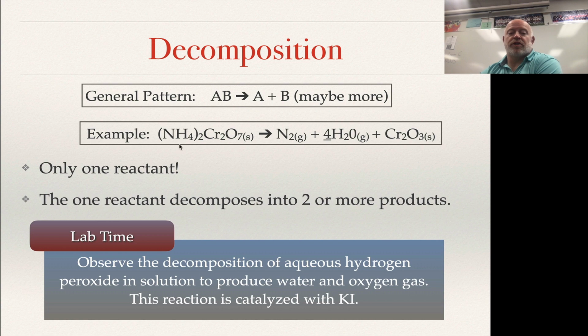So this would be a really good example of a complex-looking decomposition, okay? So the AB would be this whole thing. So all of this would be A, all of this would be B, and then we have A plus B plus C in this setup, okay? So that's decomposition. We start with 1 compound. That's your best indicator, making 2 or more products. What we're going to do for our lab time is we're going to decompose aqueous hydrogen peroxide in solution to make water and oxygen gas.